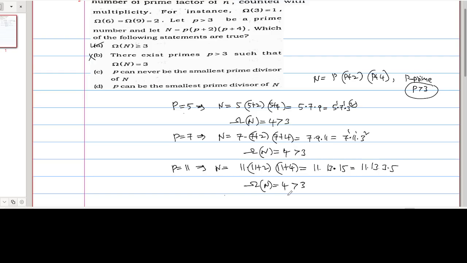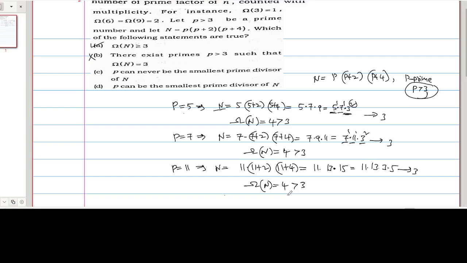Yes, actually, see what are the prime divisors of n here? For the first case, 5 is a prime divisor of n, and 7, and 3. So what is the smallest here? 3 is the smallest prime divisor of n. In this case, 7 is a prime divisor, 11 is a prime divisor, 3 is a prime divisor. Which is smallest among these? 3.